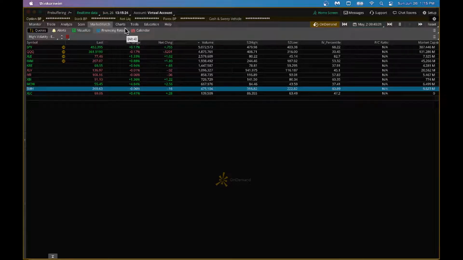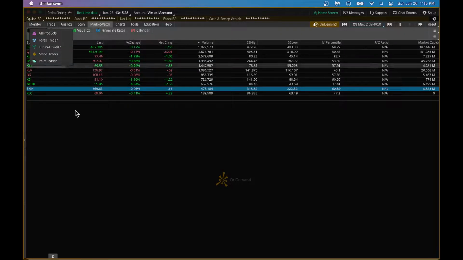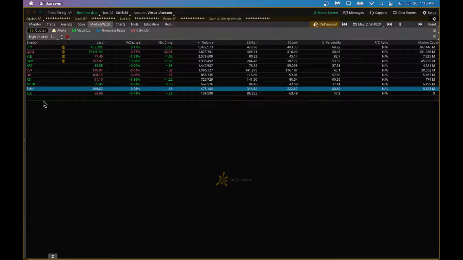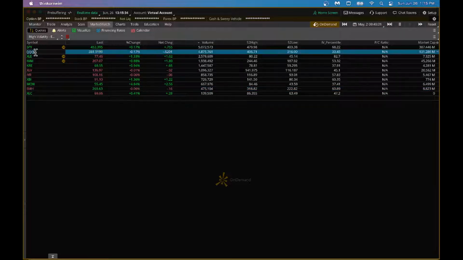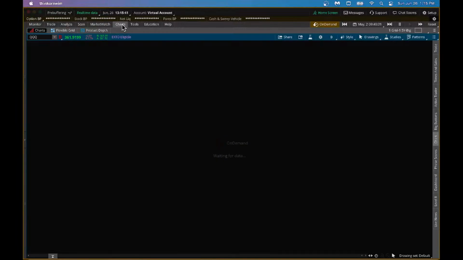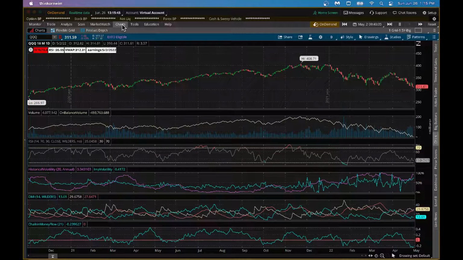It's buffering here, so in the meantime, you could bring up one of the ETFs. Let's bring up SMH or even QQQ for that matter. Let's go to QQQ and let it buffer. In the meantime, let's look at the chart. All right, the buffering is done.